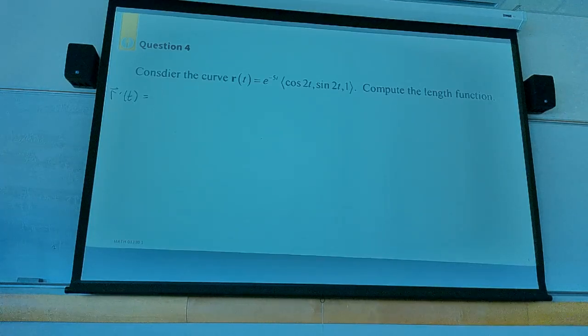First, we need r prime. That's a product rule, isn't it?